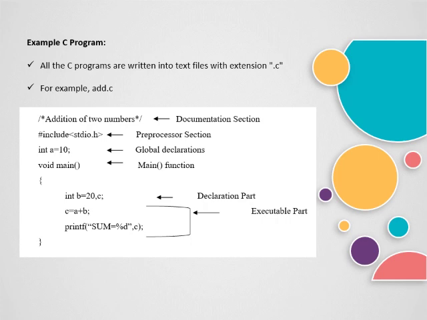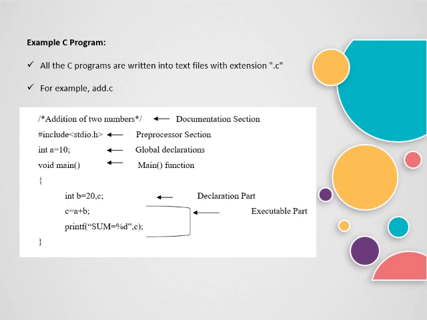Let's see an example C program that illustrates the 4 sections. All the C programs will have extension .c. The following C program file name is add.c. The first line is addition of two numbers. It is written within the multi-line comment, so it is the documentation section. The second line is hash include within angle brackets stdio.h.